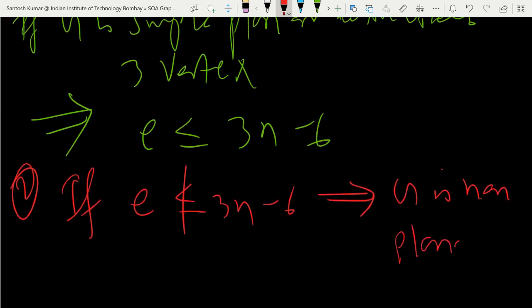or it has fewer than three vertices. So E is more than this, and you also check that n is at least 3, then this G is non-planar.